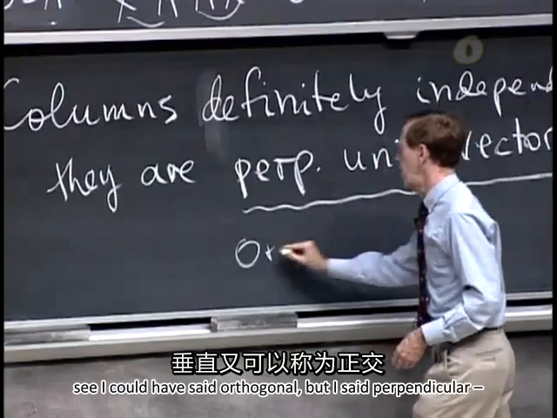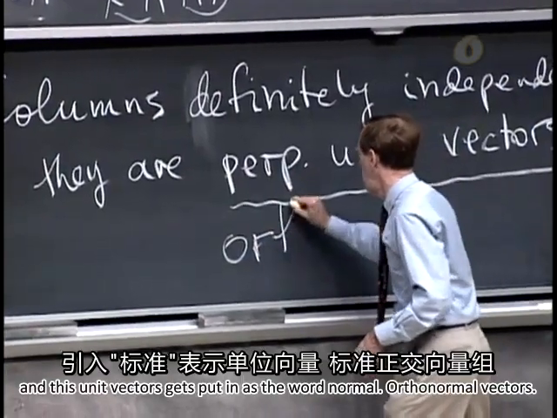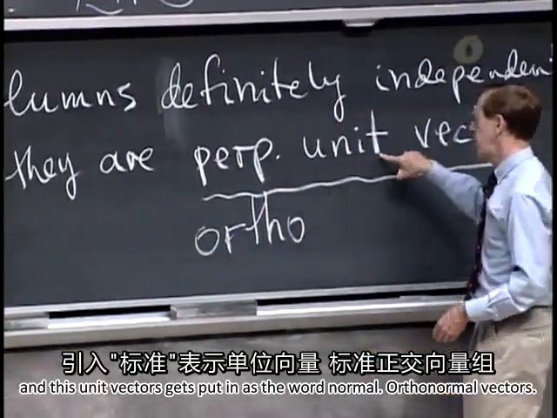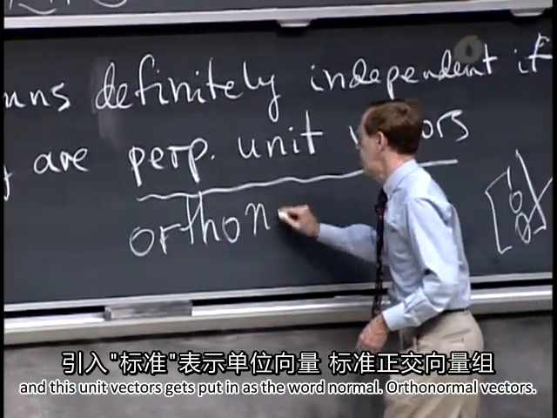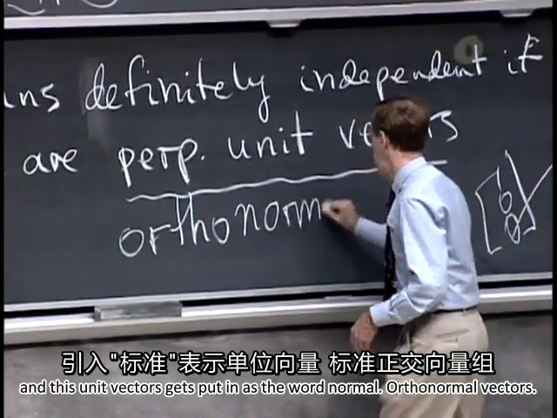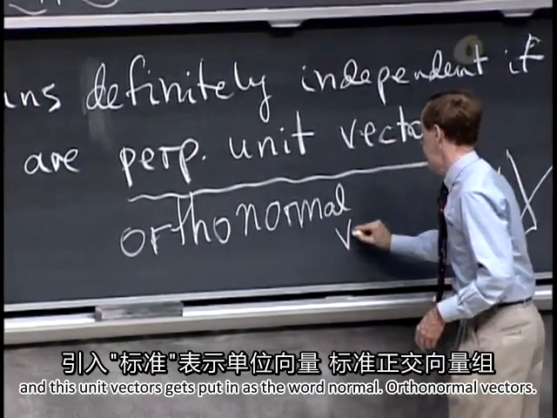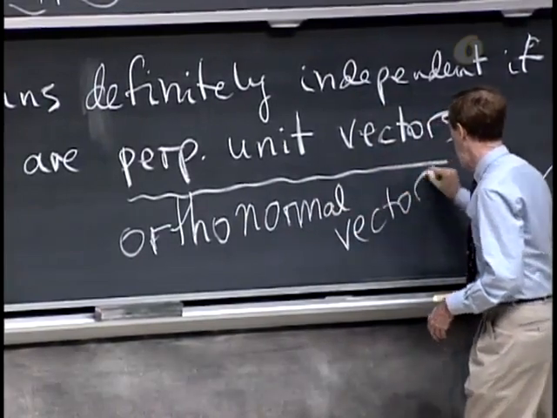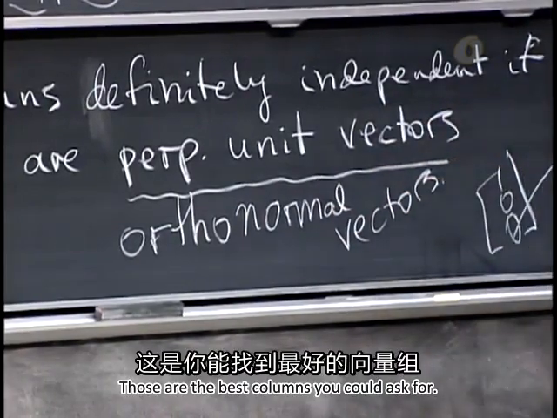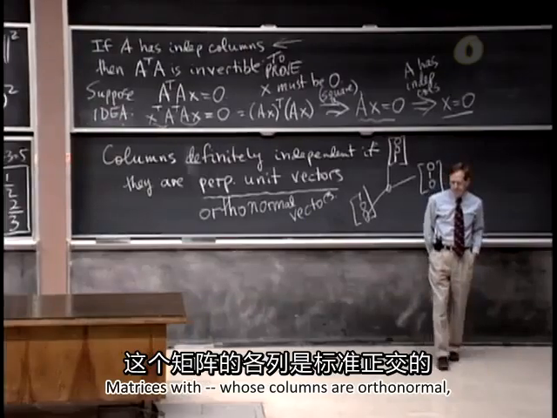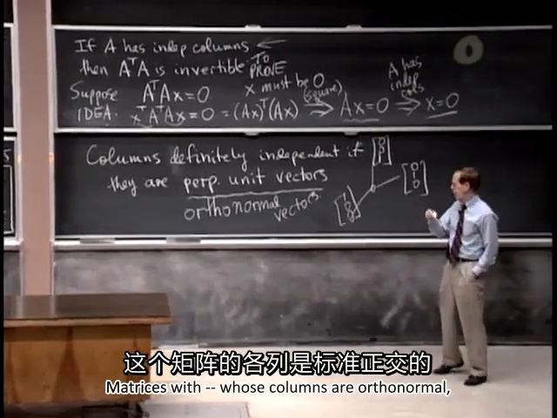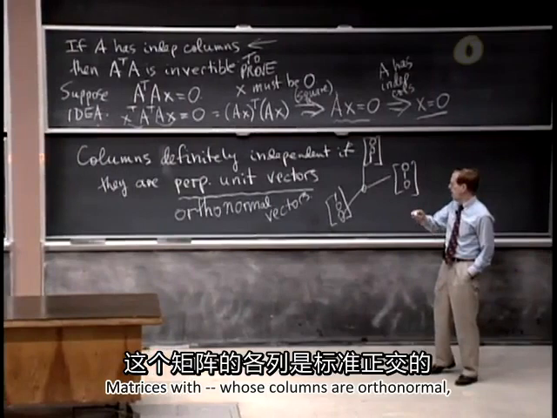I could have said orthogonal, but I said perpendicular. Ortho, and unit vectors gets put in as the word normal. Orthonormal vectors. Those are the best columns you could ask for. Matrices whose columns are orthonormal.